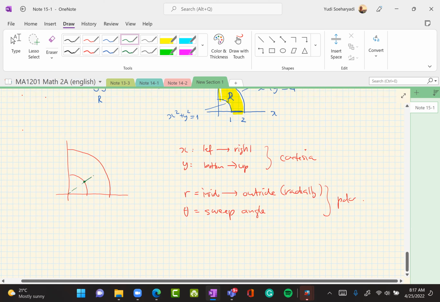So start from here, going outside. Now this one has equation r equals 1, and here you have r equals 2. So in this case, r is from 1 to 2. And what about theta? Theta is the sweep, from 0 to there. So that's the theta direction.